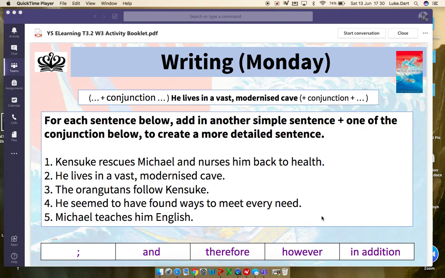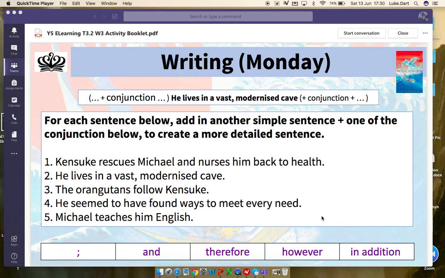Now what I want you to do is add another simple sentence either before or after these sentences you can see on the board to create one compound sentence. So for example, if you look at the very top, it says he lives in a vast modernised cave. That on its own is a simple sentence. What you can do is add another simple sentence before that and a conjunction.